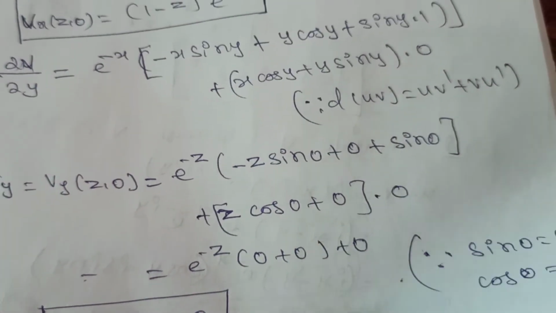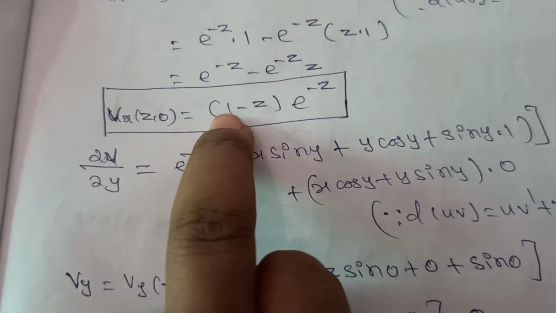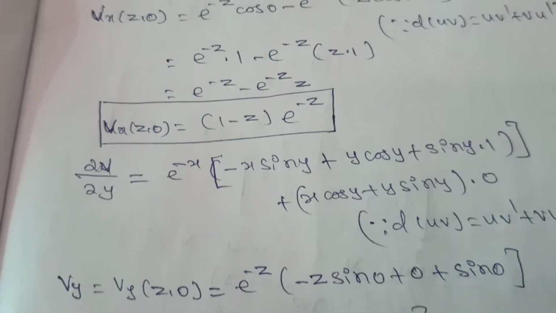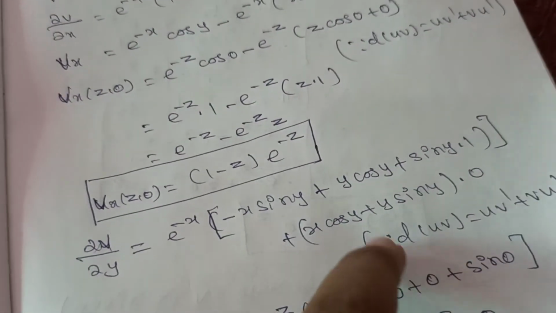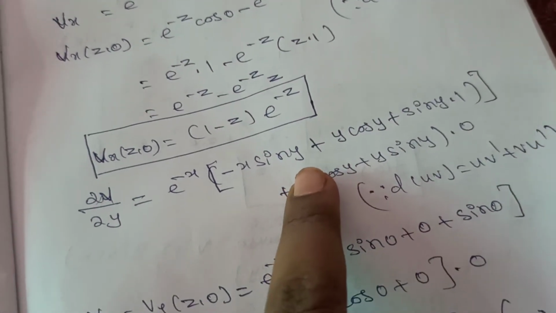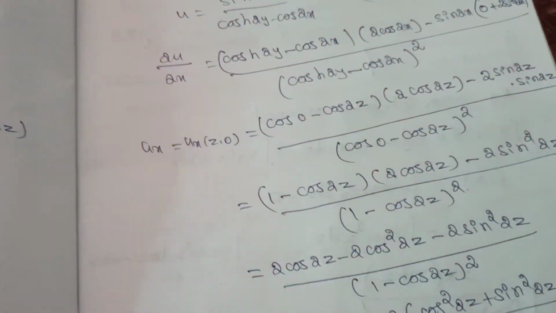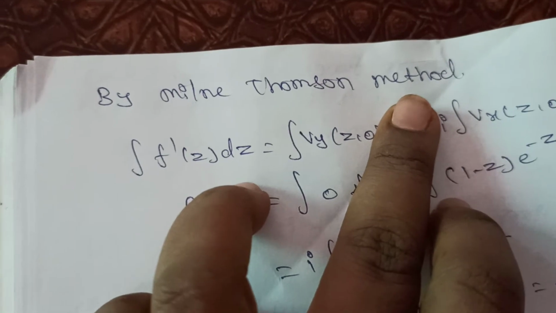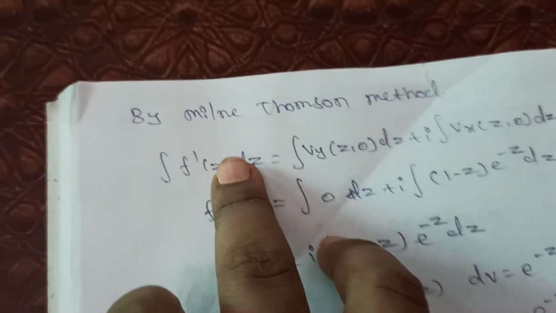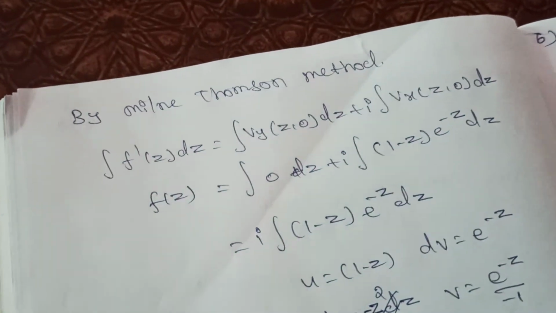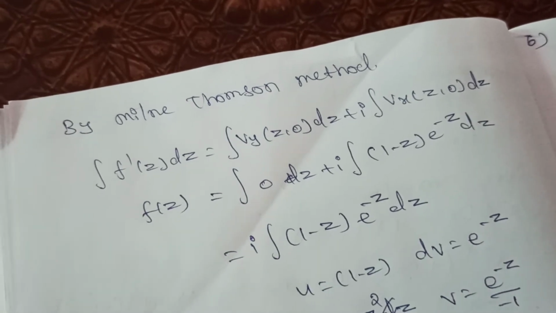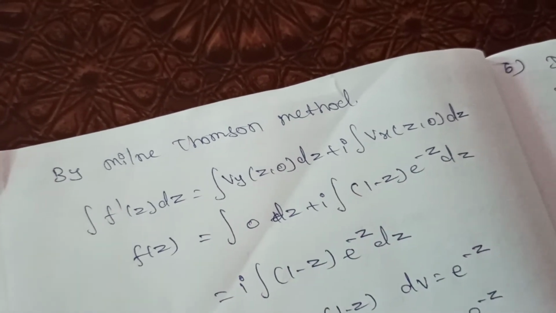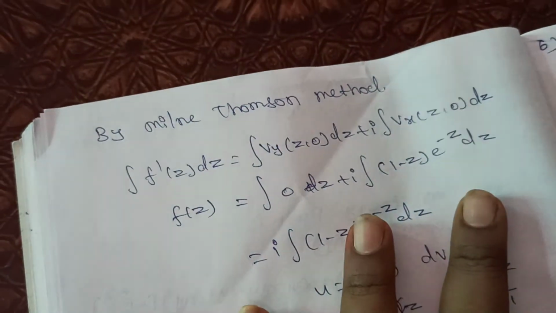And v x of z comma 0, what's the answer? 1 minus z into e power minus z. Now to find f of z, we can use the Milne-Thomson formula. There are two types of Milne-Thomson method. When the real part is given, we use the first formula, and when the imaginary part is given, we use the other.